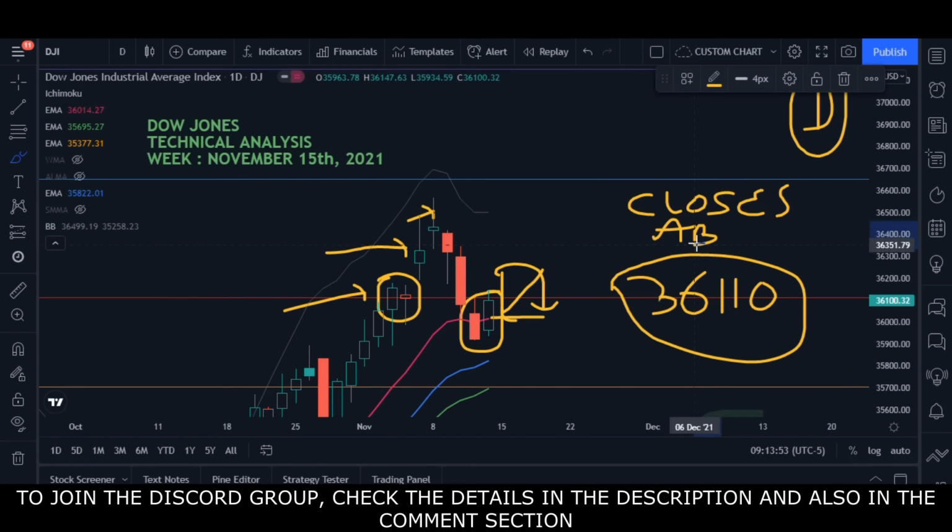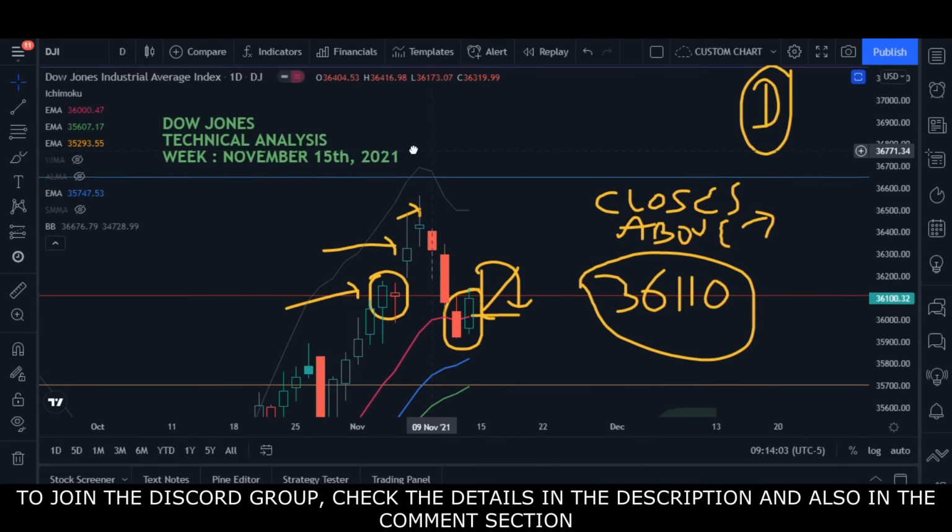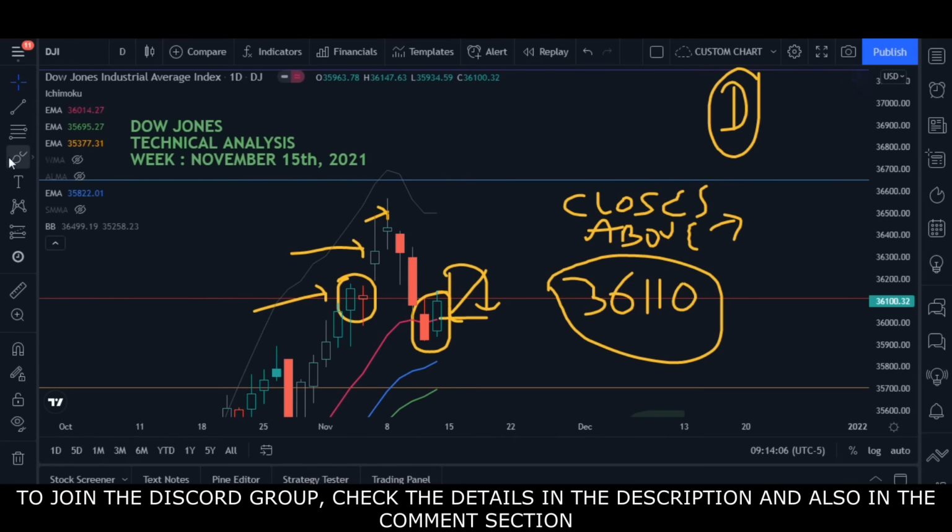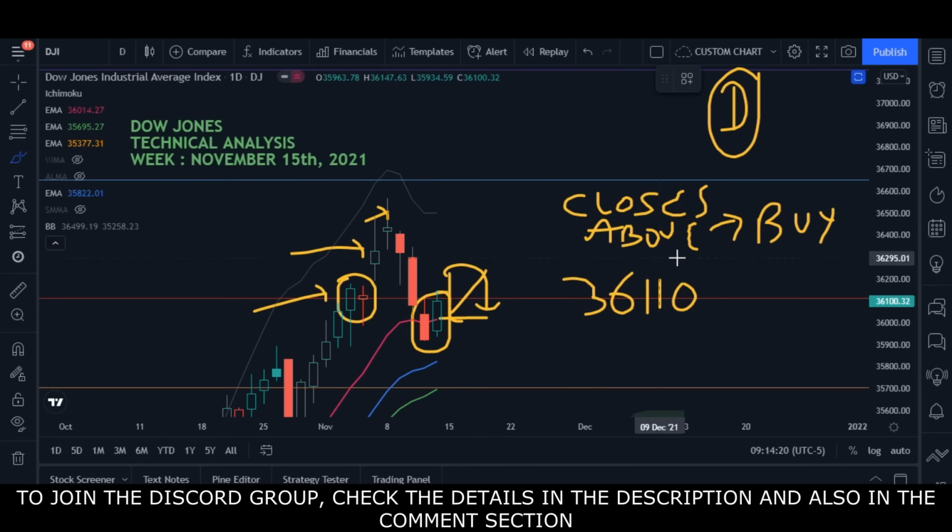Let me write it down. Then only you are going to buy. And if the market remains below this 36,110, here again we are looking for 2 consecutive candles, 2 consecutive closings. Remember, 2 consecutive closings.